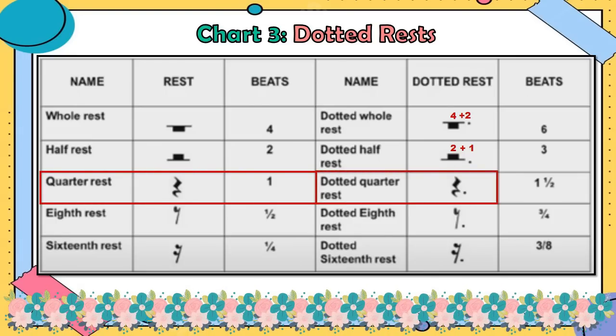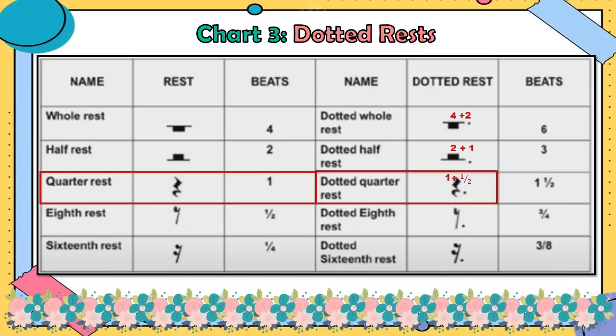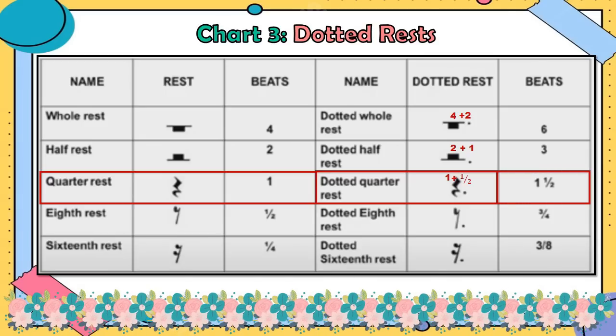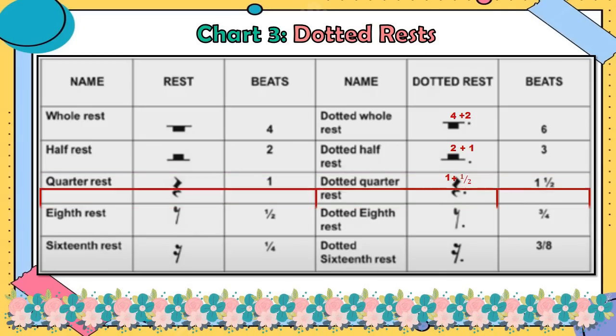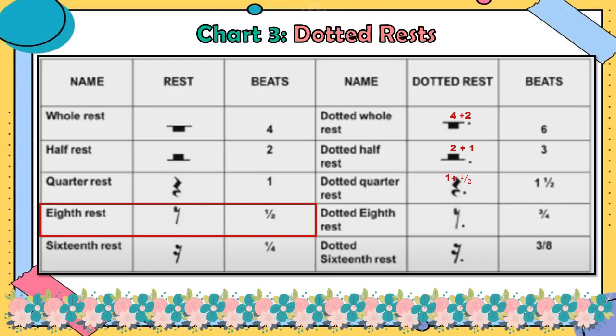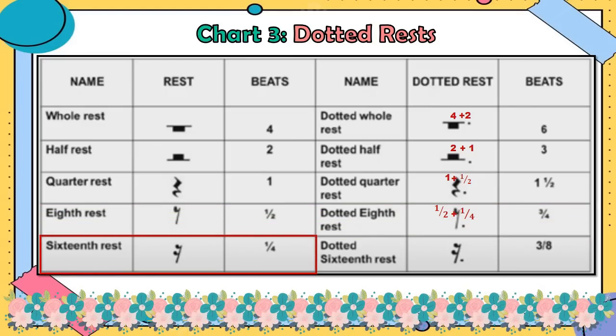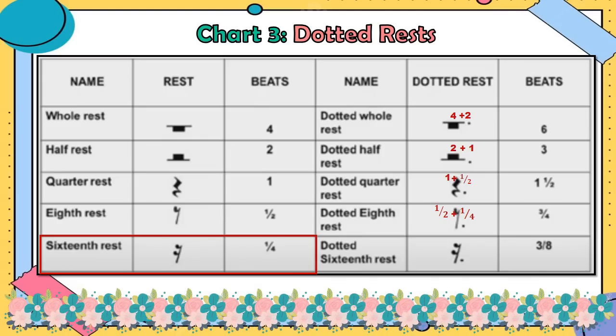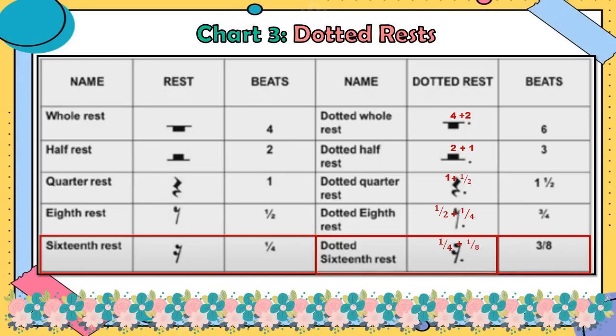In dotted quarter rest, 1 plus 1/2 equals 1 and 1/2 beats. Next, eighth rest, which has 1/2 beat. In dotted eighth rest, 1/2 plus 1/4 equals 3/4 beats. And 16th rest, which has 1/4 beats. In dotted 16th rest, 1/4 plus 1/8 equals 3/8.